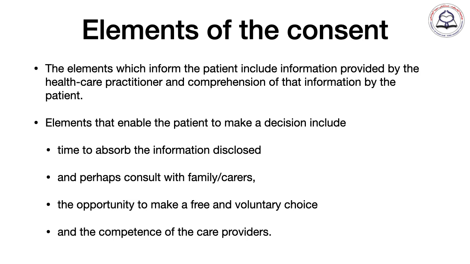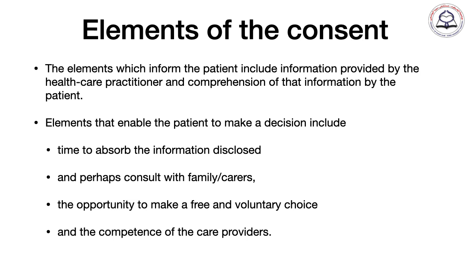Informed consent has two elements. The first element is to inform the patient, including information provided by the healthcare practitioner and comprehension of that information by the patient. The second element is to enable the patient to make a decision, which includes time to absorb and comprehend the information, and time to consult with family and other carers.